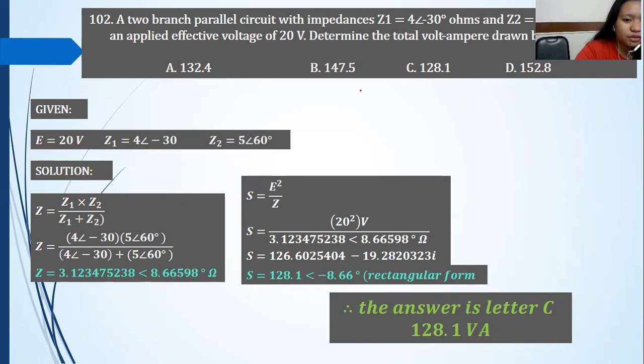Since we are solving for the total volt ampere, we have here S is equal to E squared over Z. So our E is 20 volts. We have here 20 squared over the impedance, which is 3.123475238 angle 8.66598. So the answer is 126.602540 minus j19.282323.